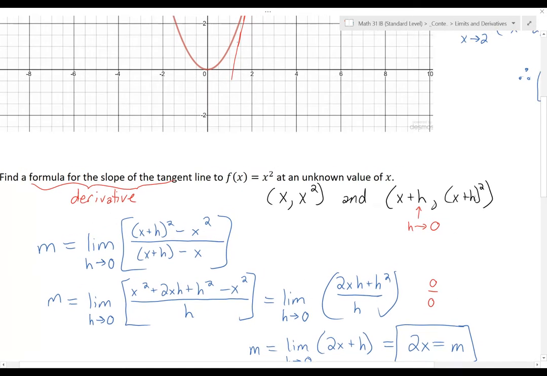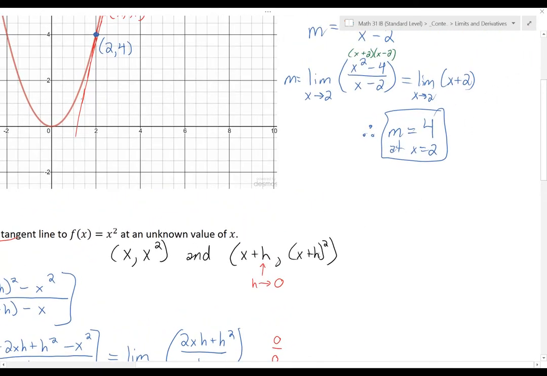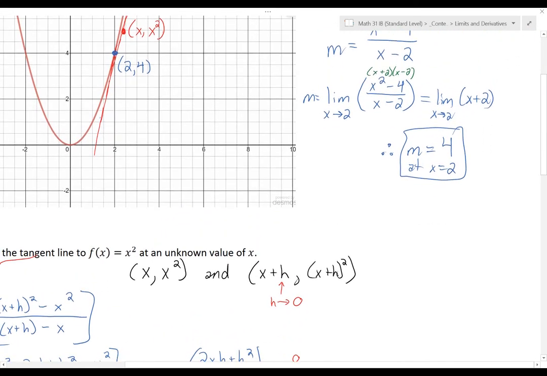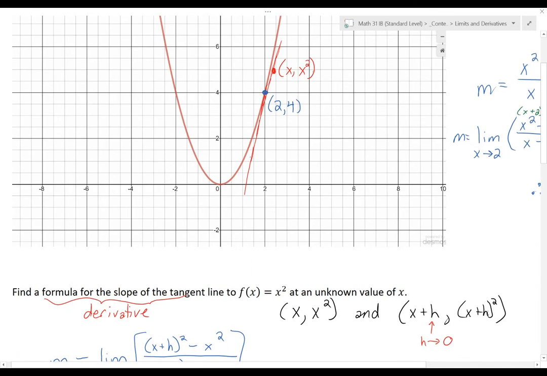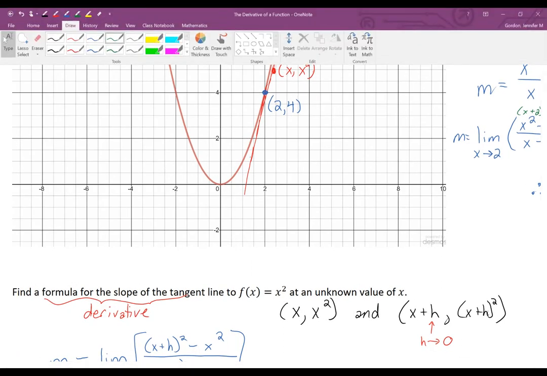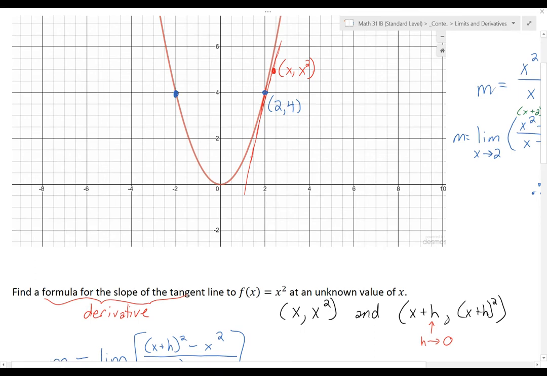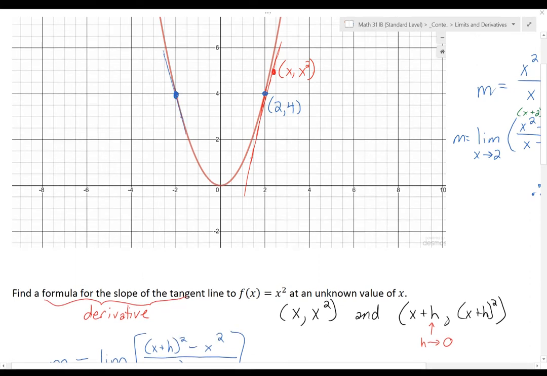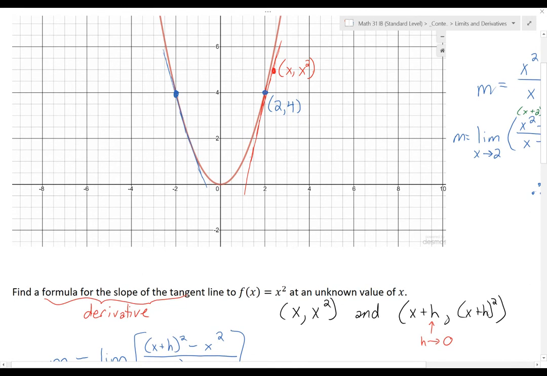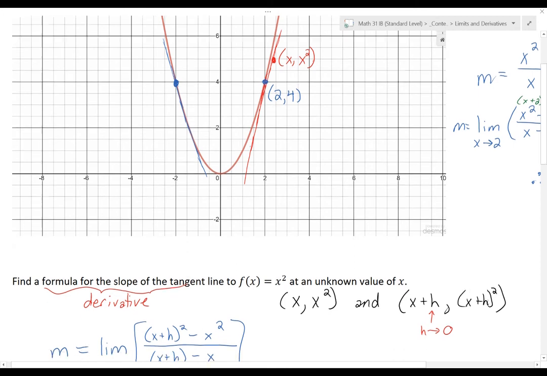Checking that against what I found before, I said when x was 2, the slope was 4. Well, that is 2 times 2. That also does kind of make sense if I think of symmetry, because if I were to go over to the other side of this when x equals negative 2, because of symmetry, I would expect this tangent line to be basically the same, but the opposite slope of the other side, and that makes sense.